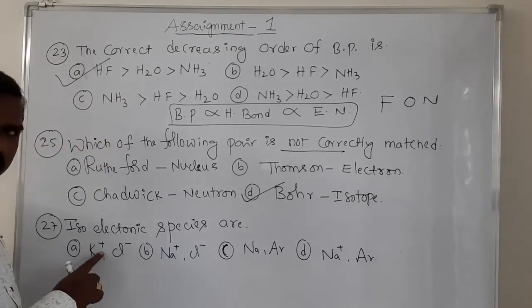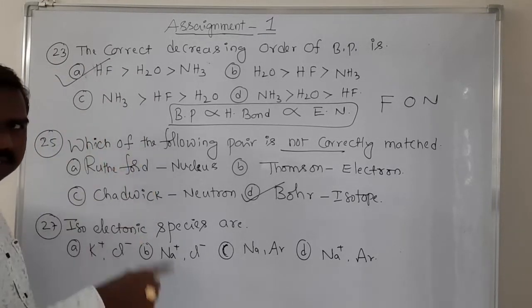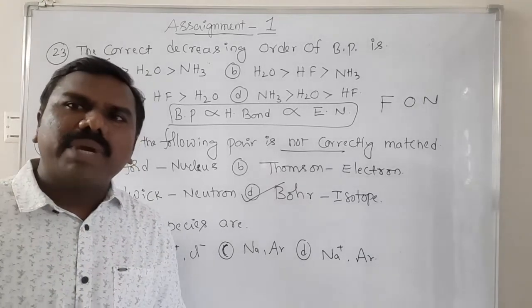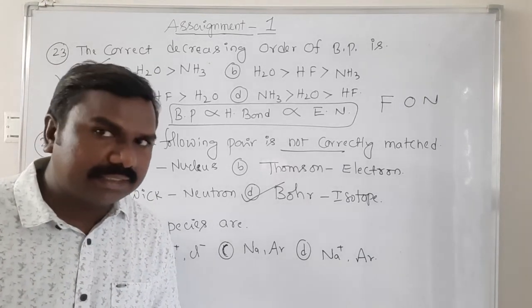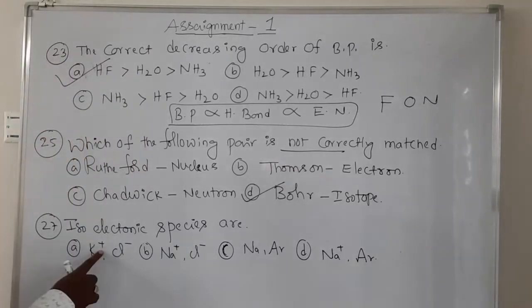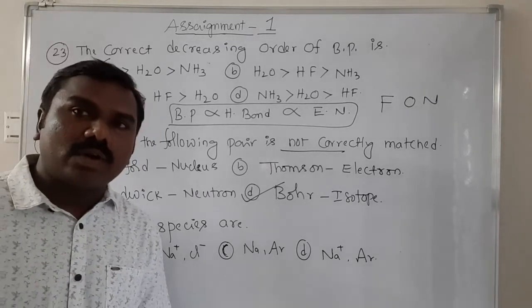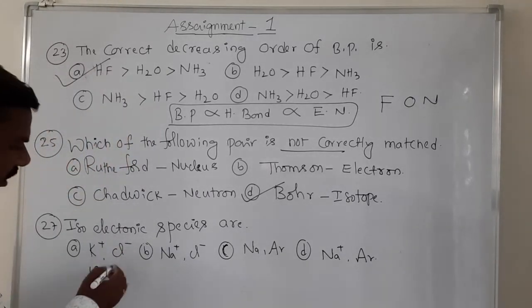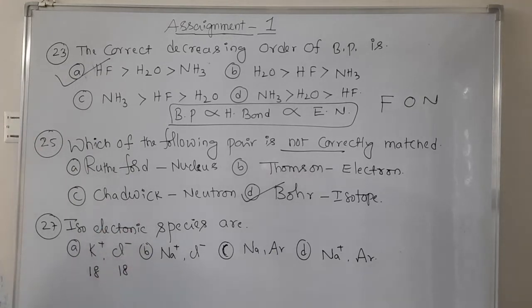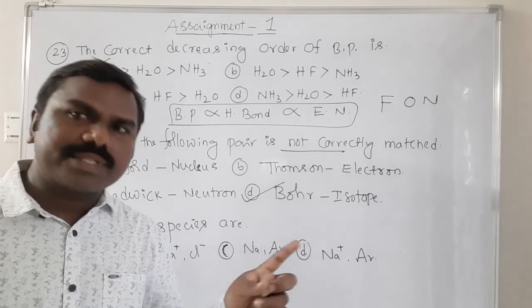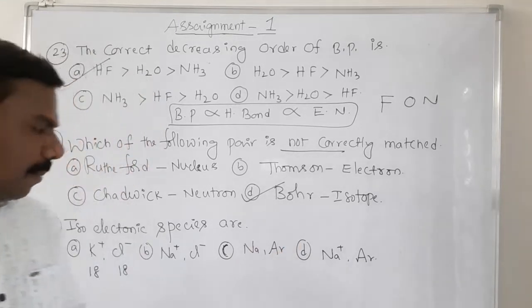But plus 1 is there. Plus 1 means 1 electron less, deficient. Plus sign indicates deficiency, minus sign indicates excess. Getting all of you? So 19, plus 1 means 18 electrons. Chlorine actually has 17 electrons. Minus 1 is there, that's why 18. One electron will be added for a negative charge, and one electron will be subtracted for a positive charge.